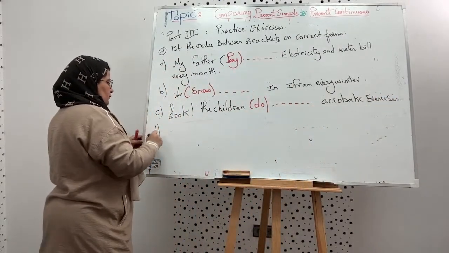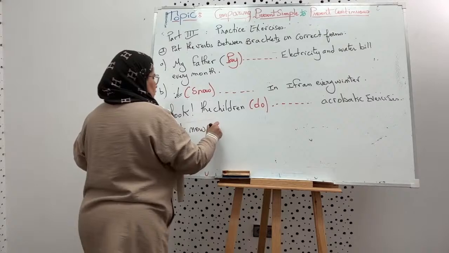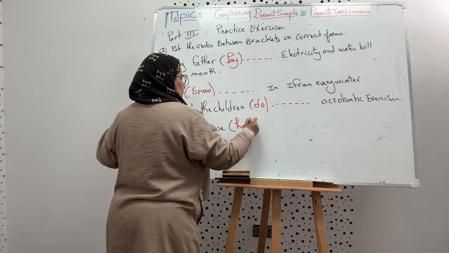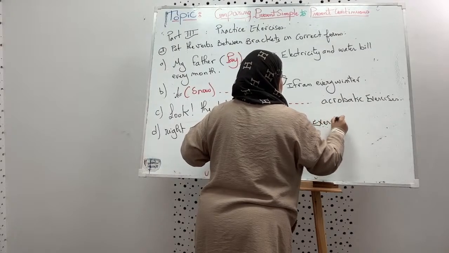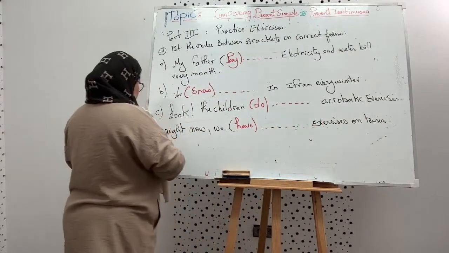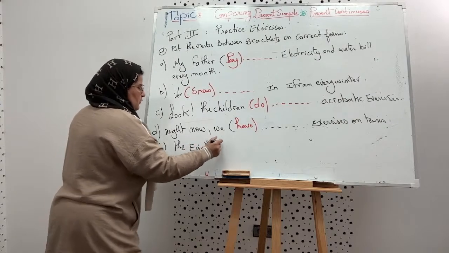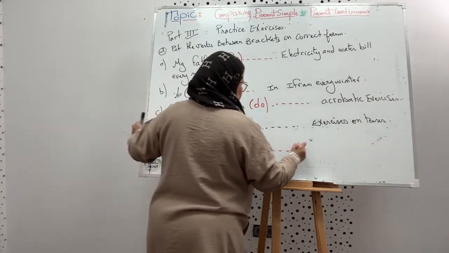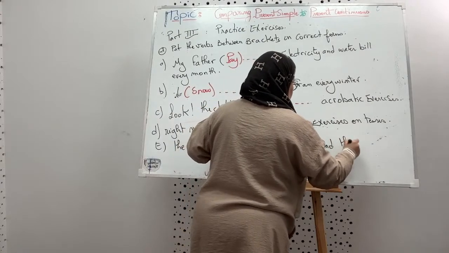D. Right now, we (have) exercises on tenses. E. The earth (turn) around the sun.